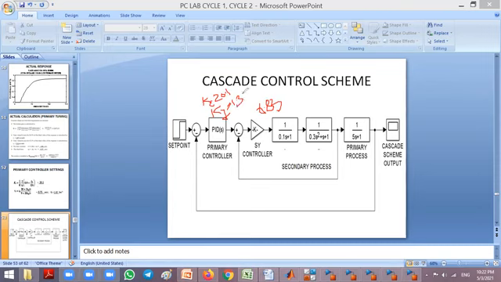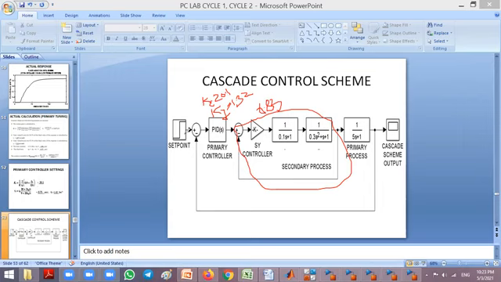See the structure of the cascade loop. It is similar to the one you have studied in your theory. There is a secondary loop, and you have a primary loop. The overall loop is the primary loop. The primary output is taken and given to the master PID controller.